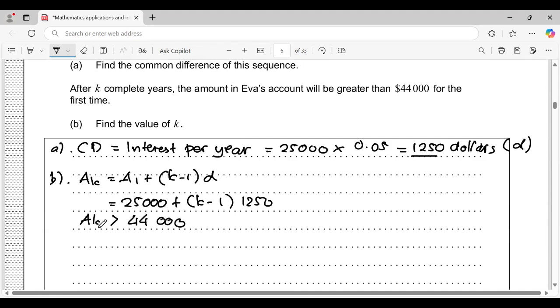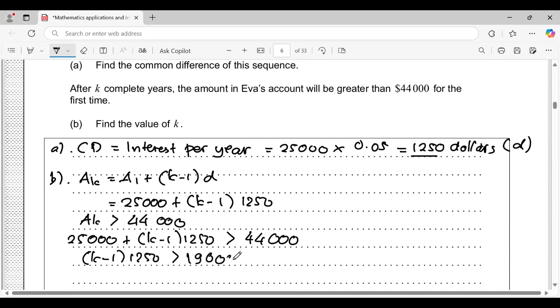And then we want to find the value of K when A_K is greater than 44,000. So 25,000 plus K minus 1 times 1,250 greater than 44,000. So it's going to be K minus 1 times 1,250 greater than 44,000 minus 25,000, which is 19,000.